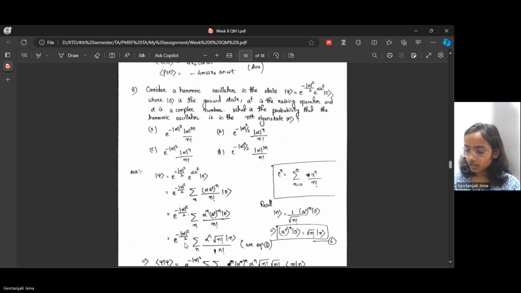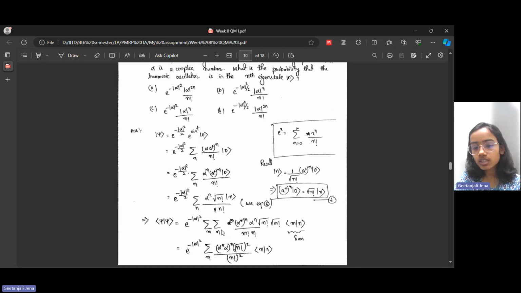Now if you want to check whether psi is normalized or not, you need to find out whether <psi|psi> equals 1. The ket psi is already given, and you need to find the bra corresponding to it. So the <psi|psi> will be given by e to power minus alpha square, summation of alpha star alpha to power n, root over n factorial square divided by n factorial square, and the inner product of <n|n>.